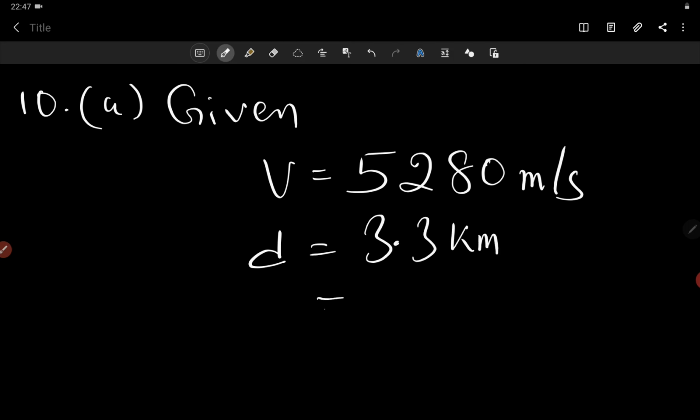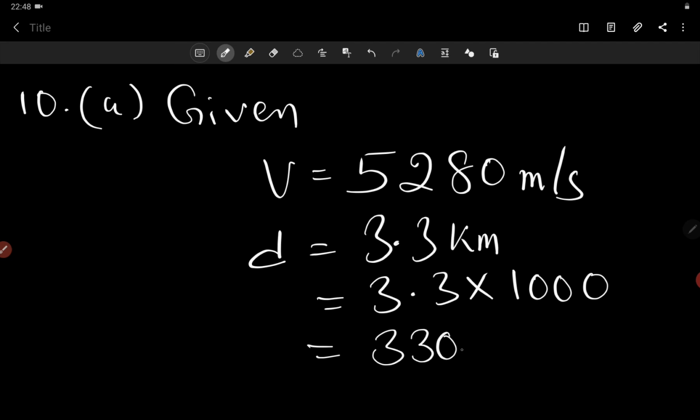This can be converted into meter by multiplying it by 1000. Thus I shall get 3300 meter as my answer.